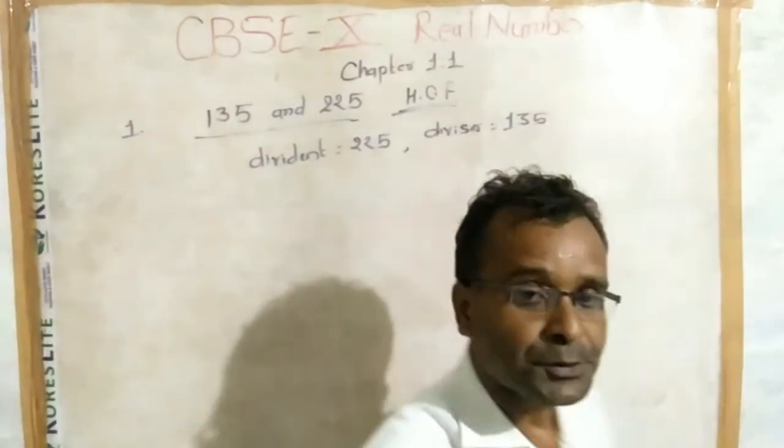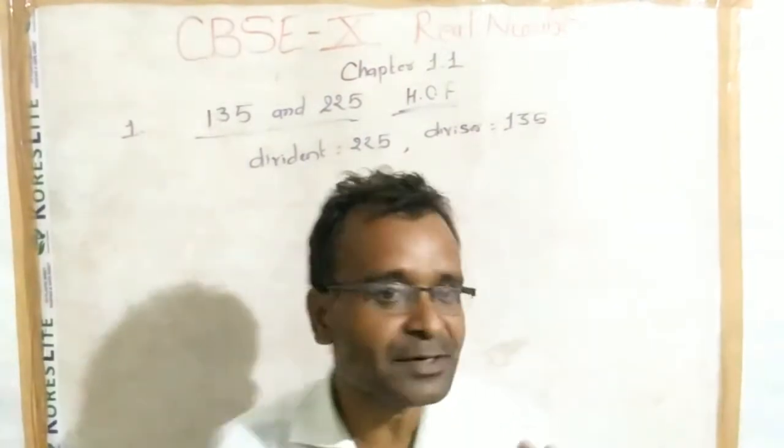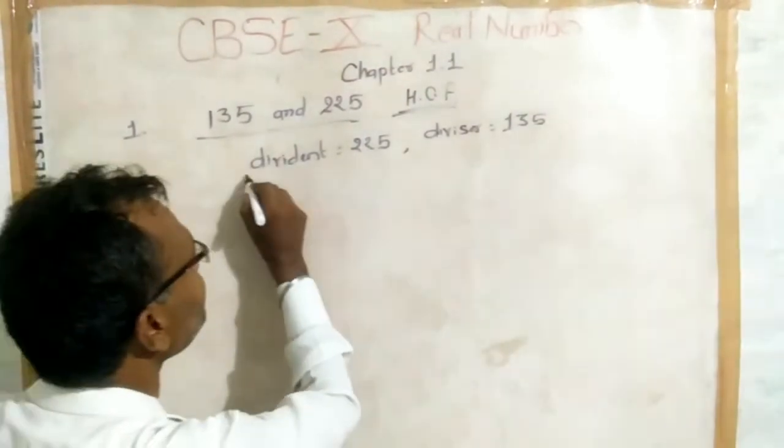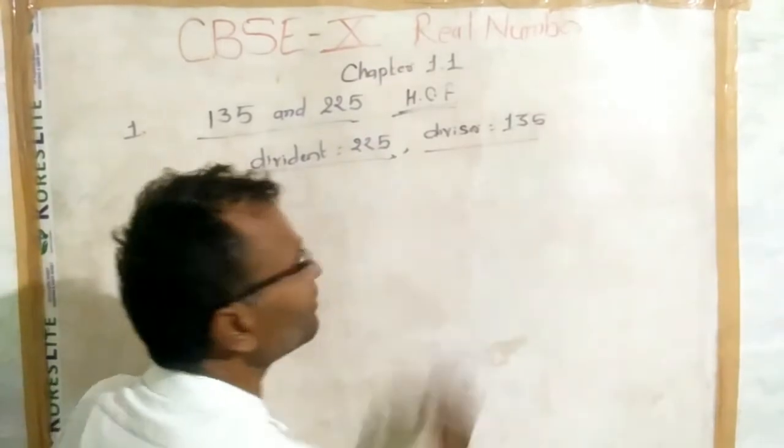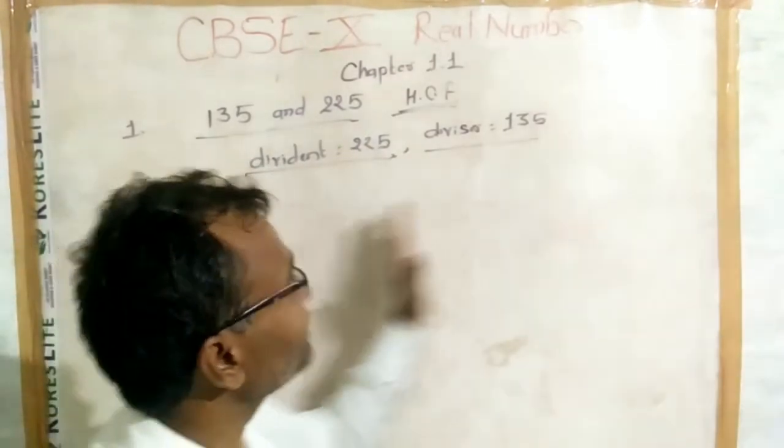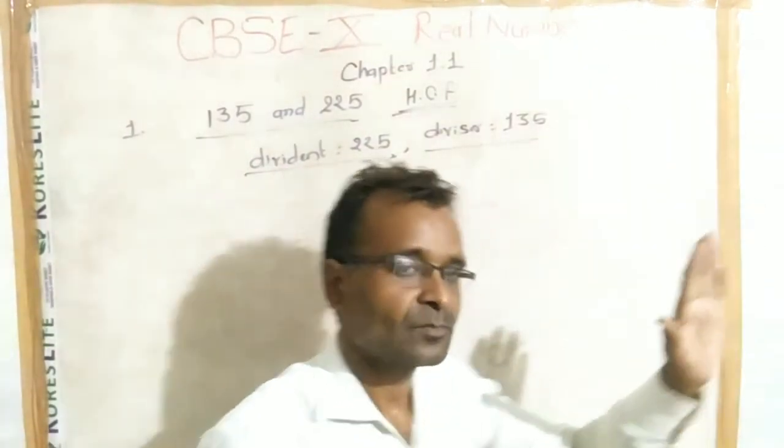Now you have to write the numbers in the form of Euclid division lemma.